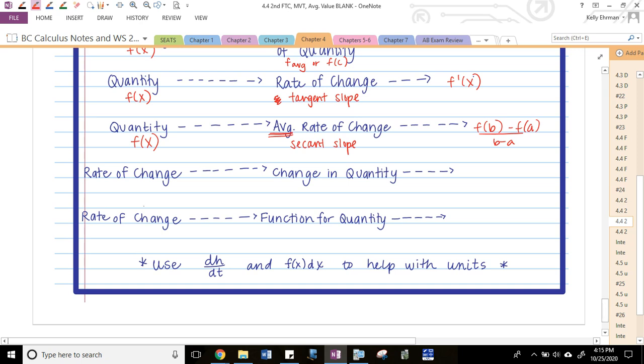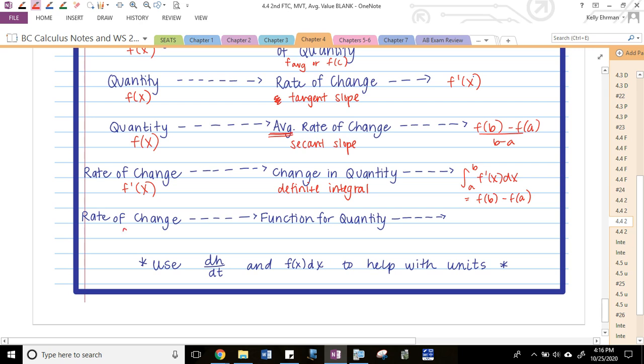If you have a rate of change, a derivative, and you want to find a change in the quantity, say you have a rate of population growth and you want the change in population, that's a definite integral. So you need to find the integral from a to b of that derivative, and that will equal f of b minus f of a.